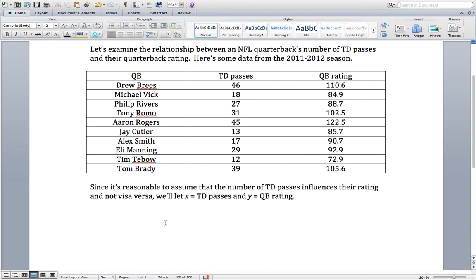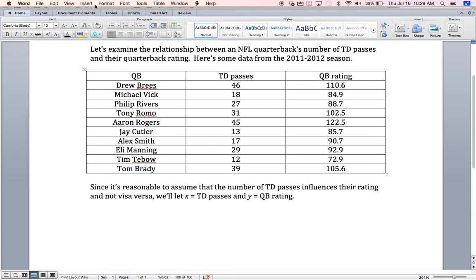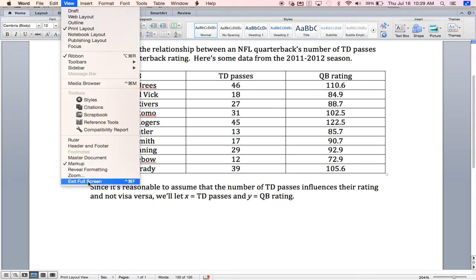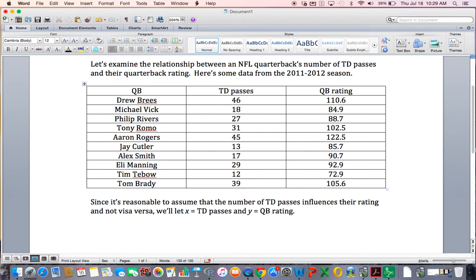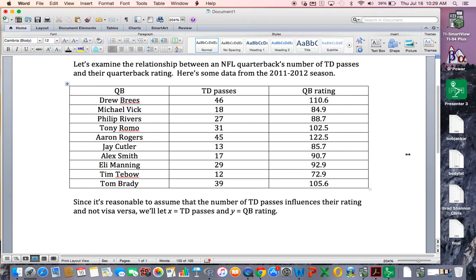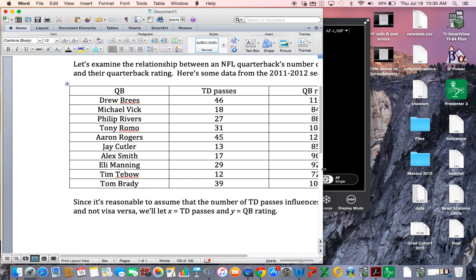Now, gang, the first thing I would need to do is enter this into my calculator. So I don't know how I want to do this. Let me get this. Let's go screen twofold here.